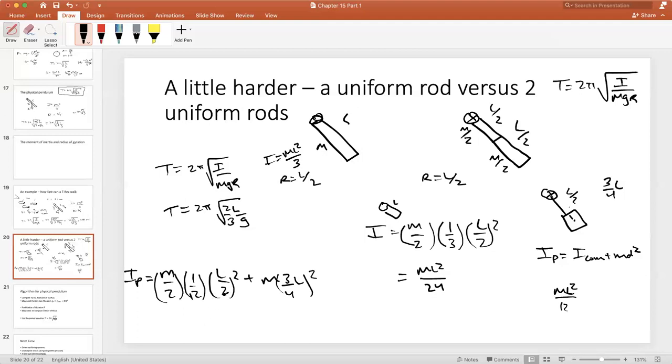So really fast, this is 4, 48, 96. So this is ml squared over 96. This is 9 over 16. And if I want to turn these all into 96s, 4 times this. So if I add everything, this would be plus 4 over 96 ml squared.